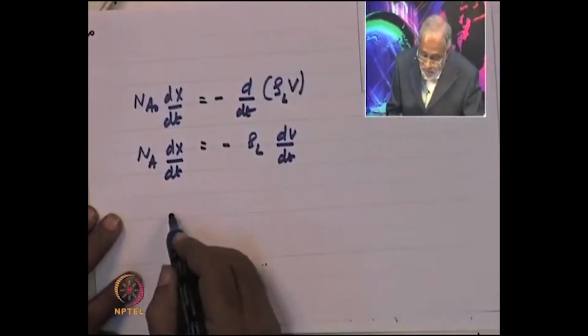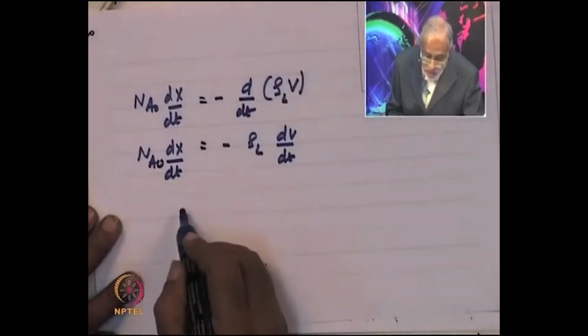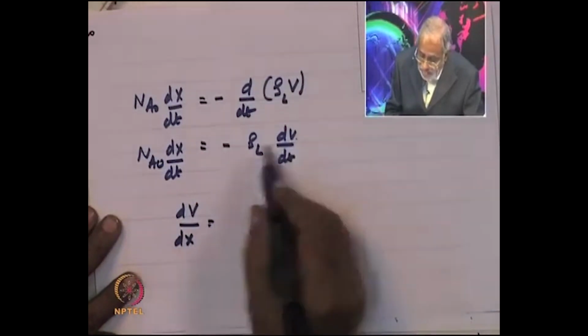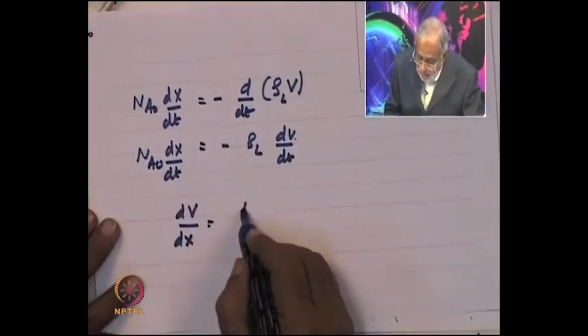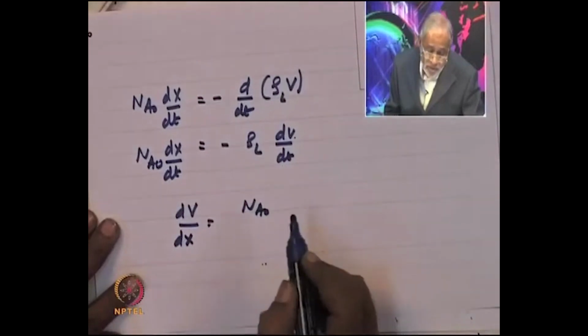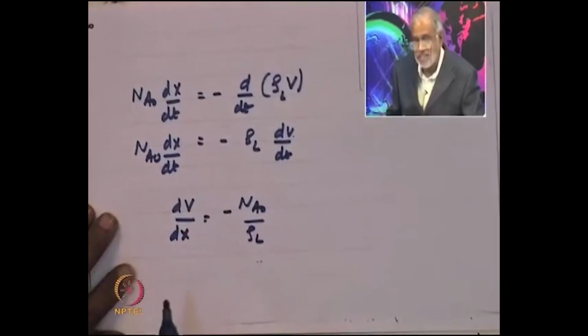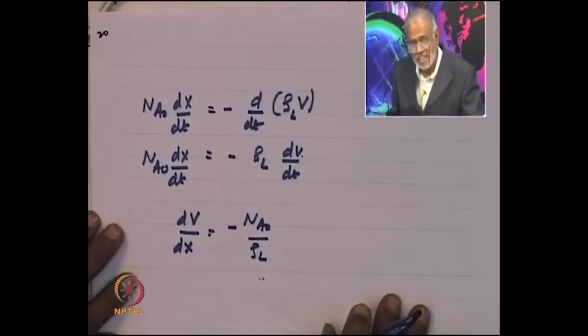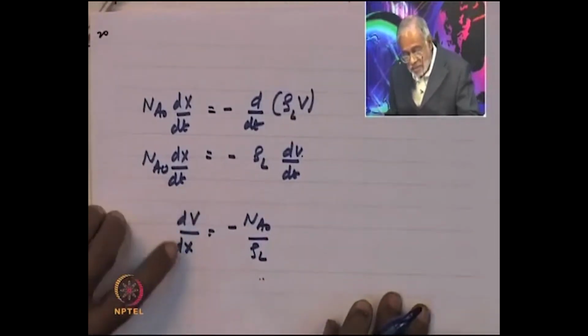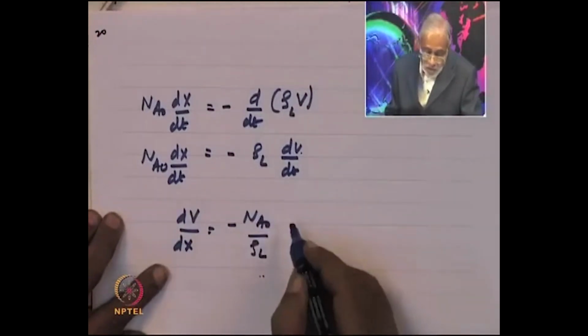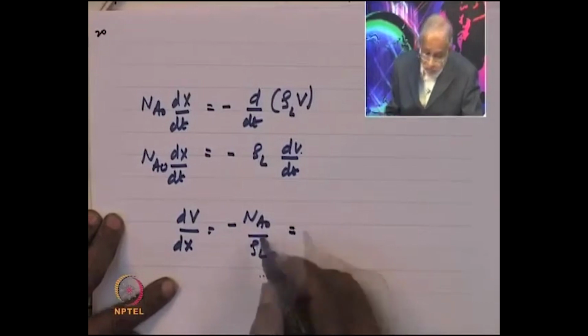Or we can write dV/dx equal to N_A0 divided by rho_L with a minus sign. Is that okay? What we are saying? That means the rate at which volume changes with respect to extent of reaction is N_A0 by rho_L. So, we can integrate this.